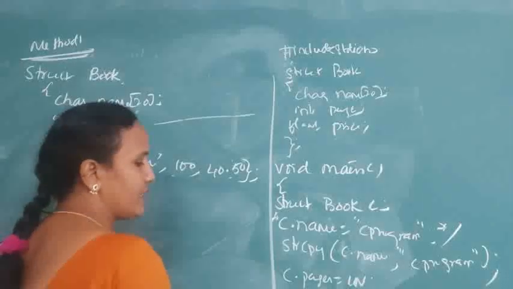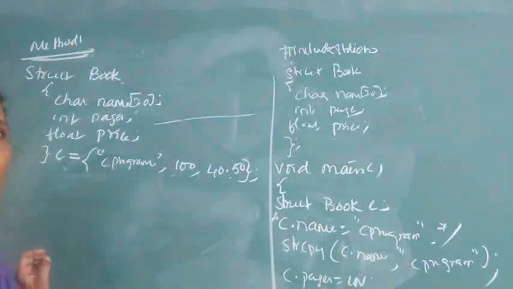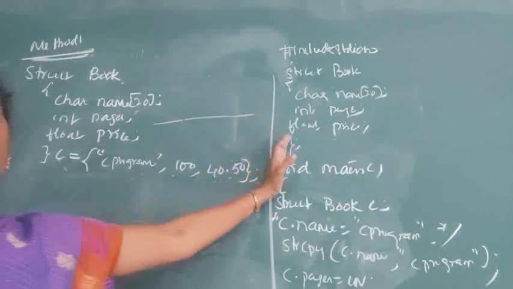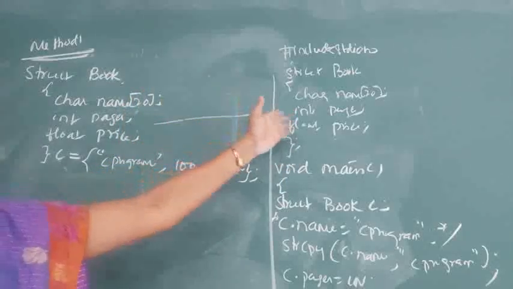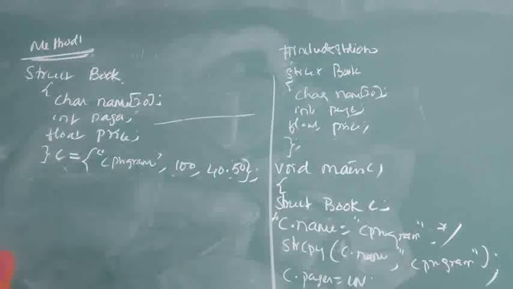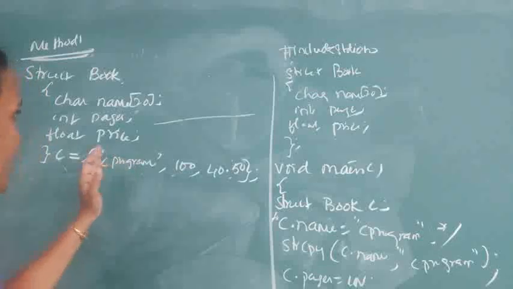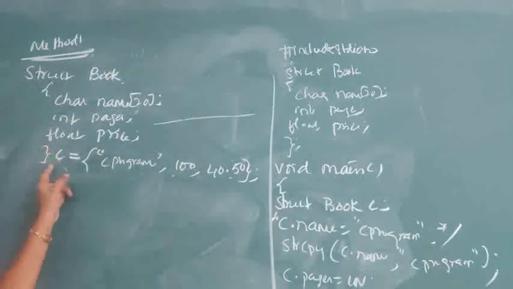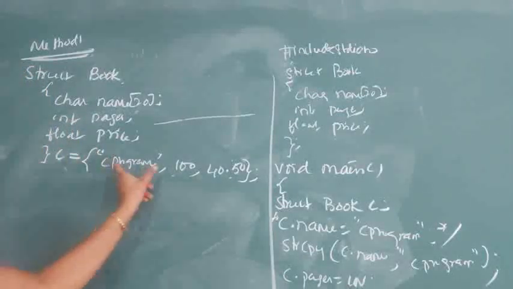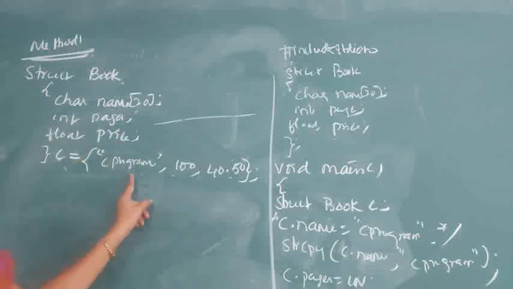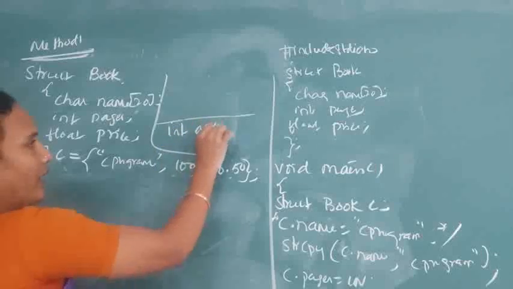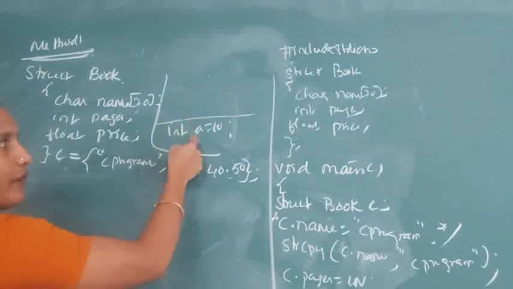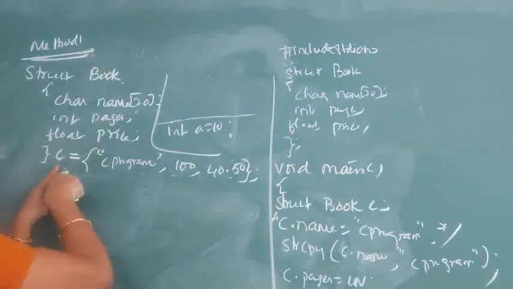Okay, so in two ways you can initialize. This is the first method and this is the second method. These are the two methods for initializing structure variables. In the first method, immediately after the structure declaration, I am giving the variables and initializing, declaration and initialization in the same place, like int a equals data type variable value. c is a variable of which type?